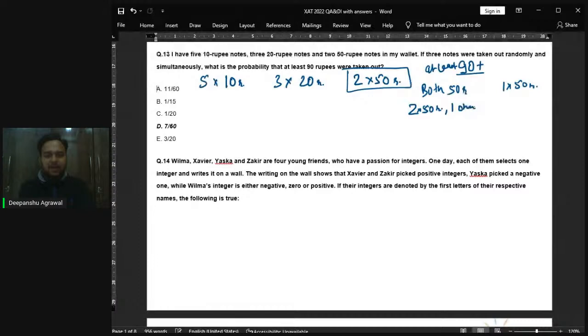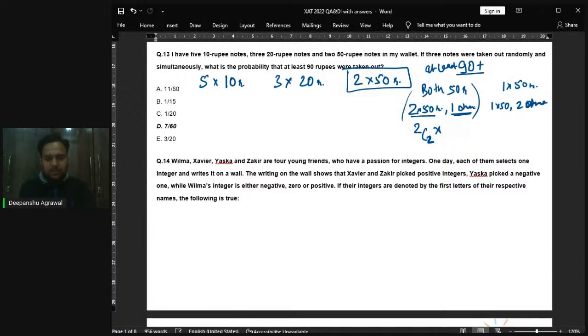And in the second case, we should have one 50 rupee note and two other notes, right? So there are two cases. Now, first case is we have to select both 50 rupee notes. And in how many ways we can do that? 2C2. We can do that in 2C2 ways.